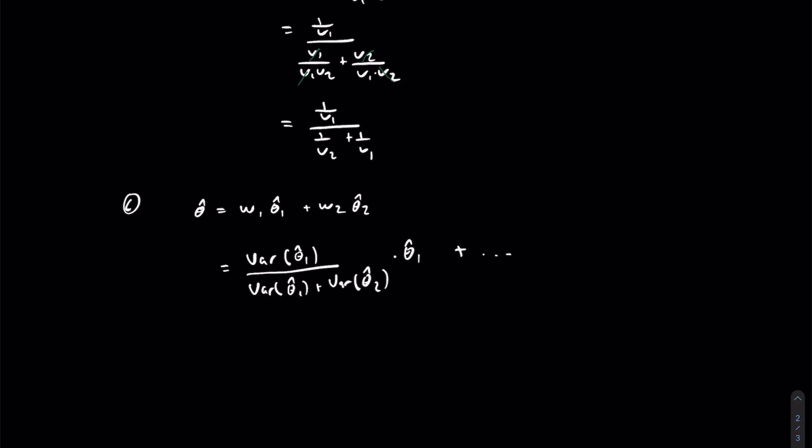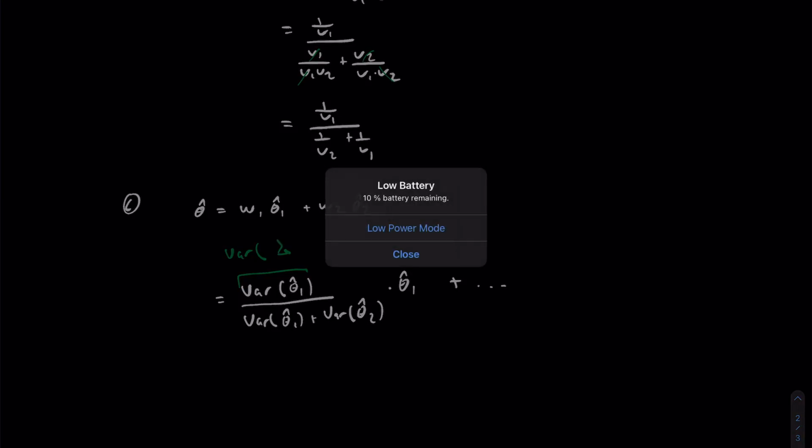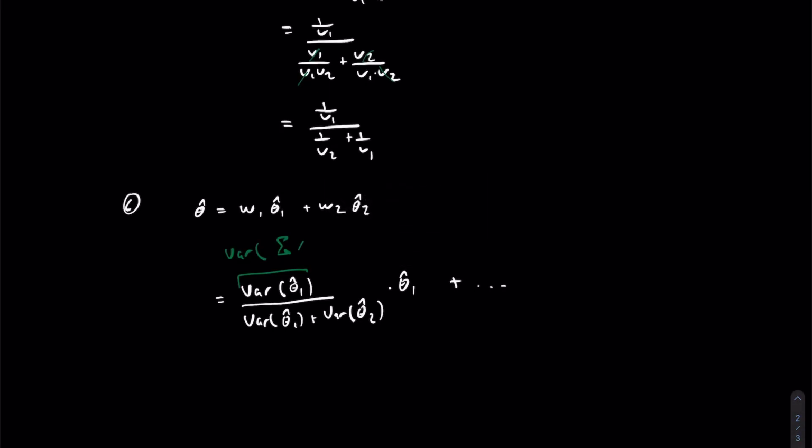I'm just going to write it out like so, because I'm going to focus on what this variance is. And so this variance is the mean of all the random variables realized, the variance of xi going from 1 to n.